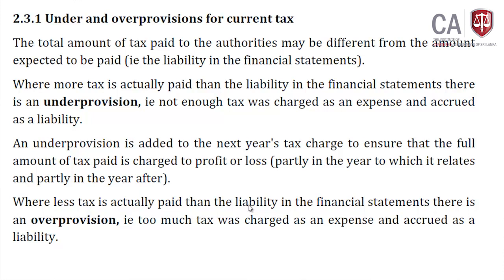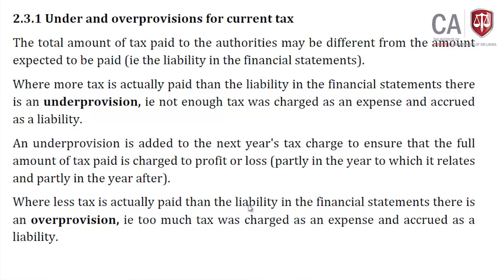Where more tax is actually paid than the liability in the financial statement, which means you have 100 rupees as a liability, but you actually paid 150. Then you have what? Under provision. Your actual liability is 150, you have provided only 100, which means the extra 50 you need to provide and pay.